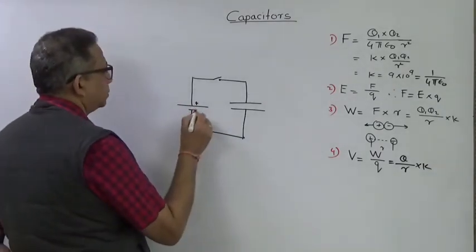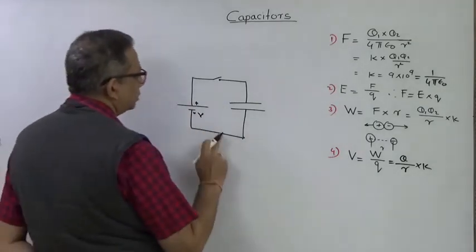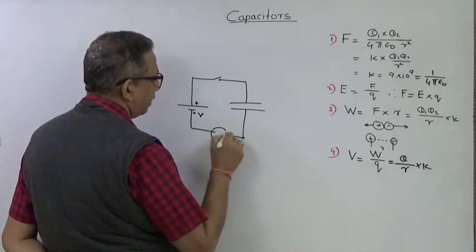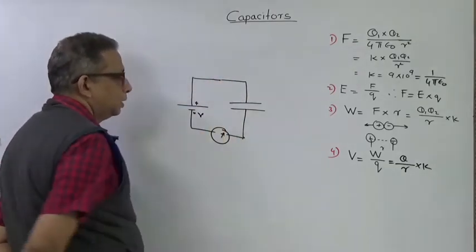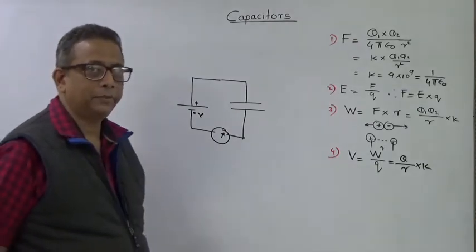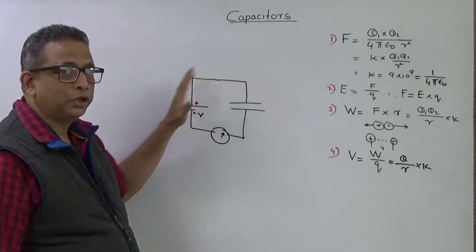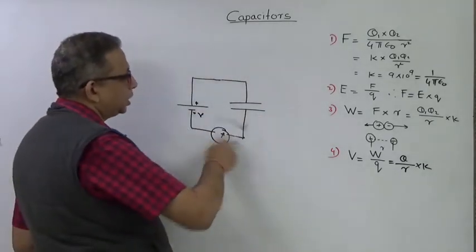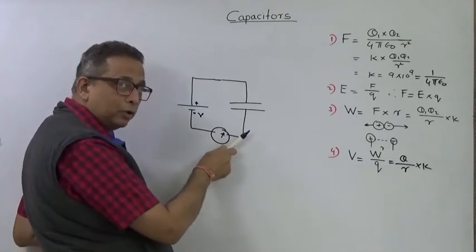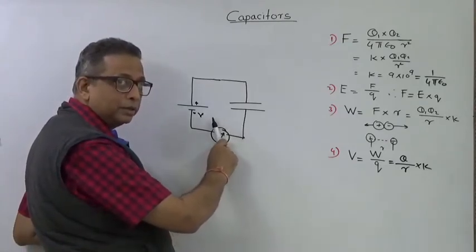This is positive and this is negative. If I close this switch and I have a galvanometer, a current meter, it is observed that the moment I close the switch, there is a gush of current. Instantaneously the galvanometer will show full current flowing, and slowly the current will start becoming 0.